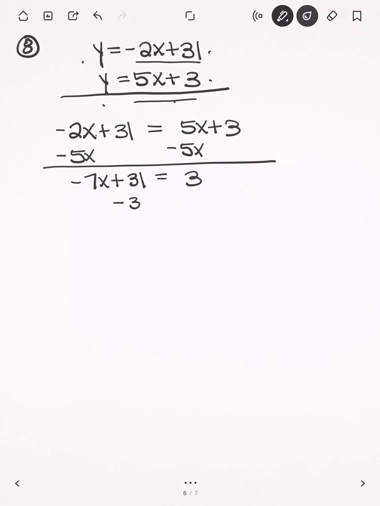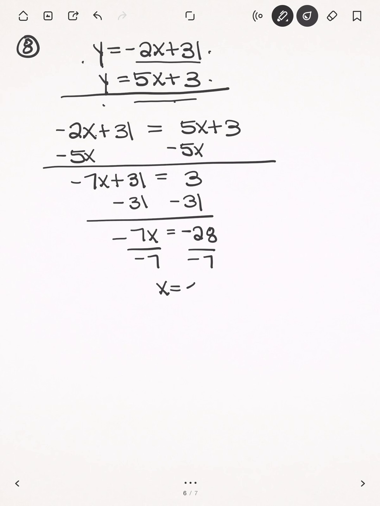Then I subtract 31 from both sides, and I get negative 7x is equal to negative 28. Divide both sides by negative 7, and I get x equals 4.